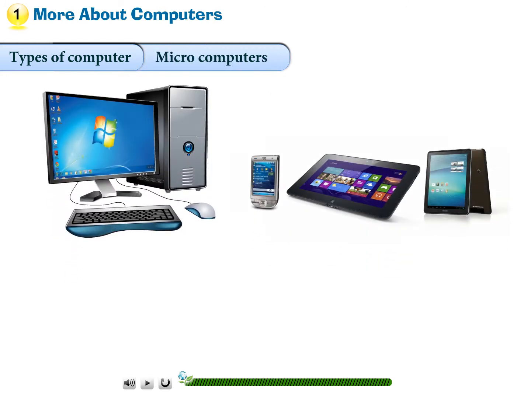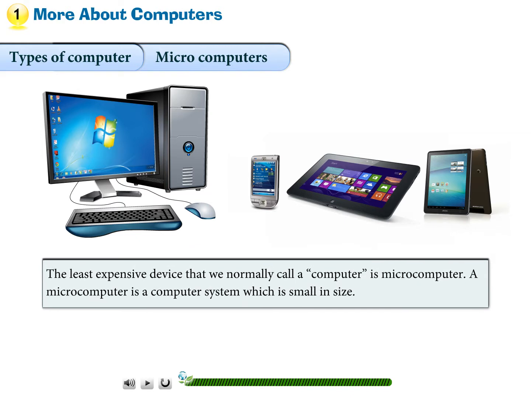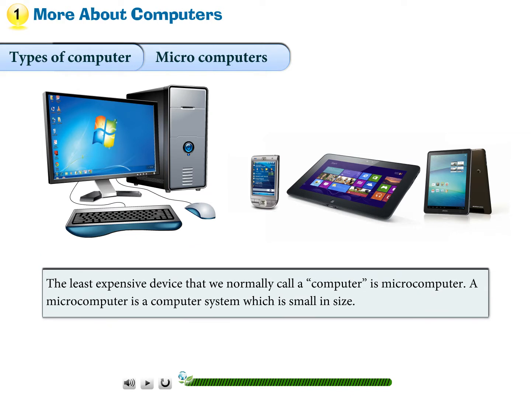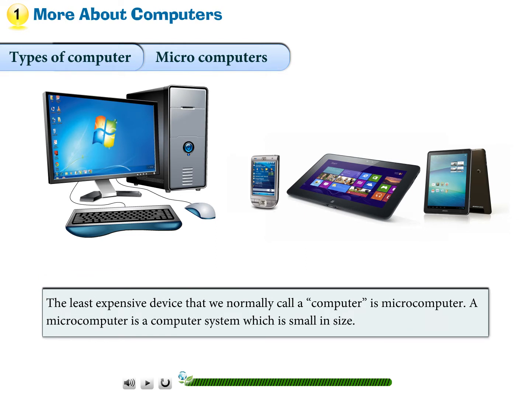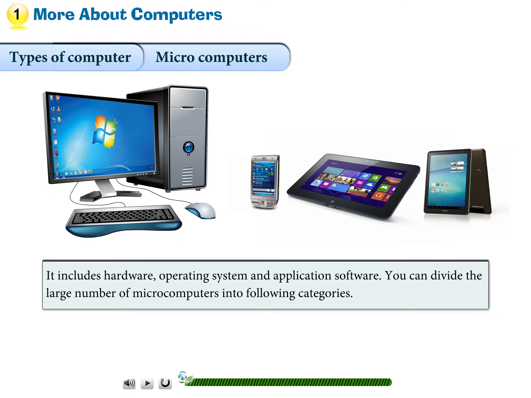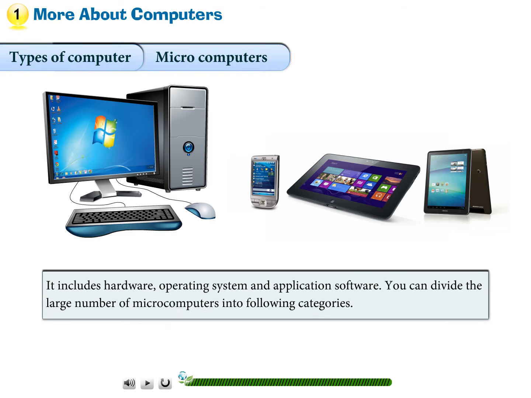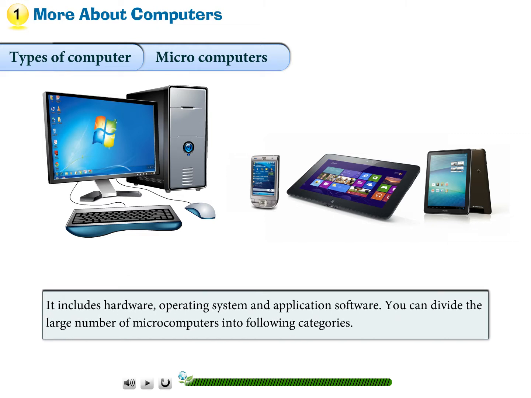Microcomputers. The least expensive device that we normally call a computer is the microcomputer. A microcomputer is a computer system which is small in size. It includes hardware, operating system and application software. You can divide the large number of microcomputers into the following categories.